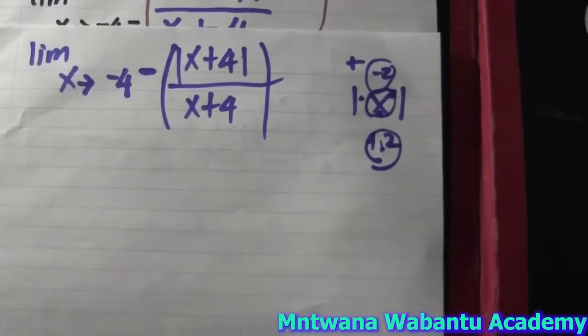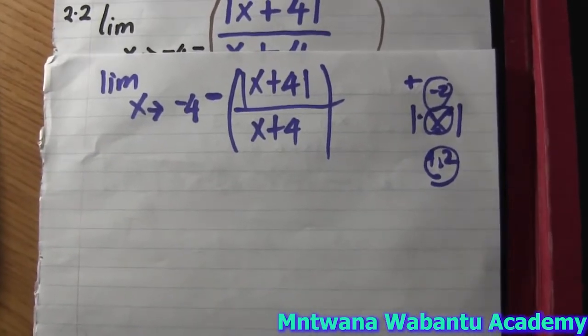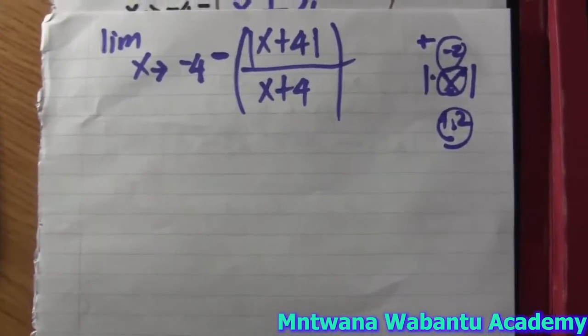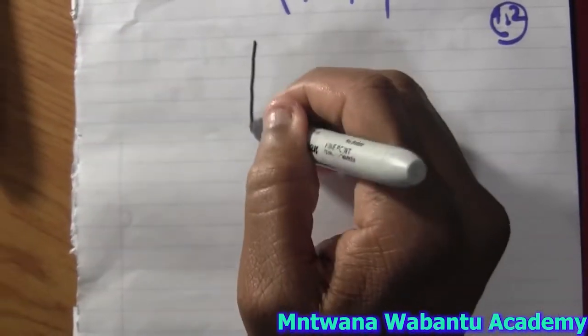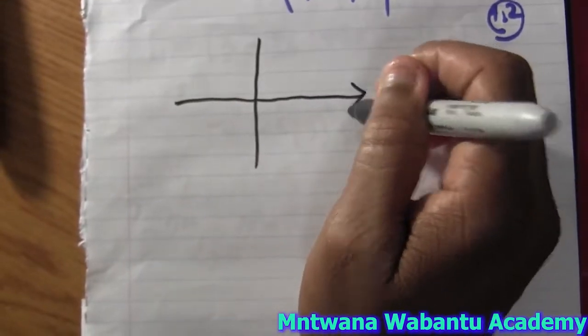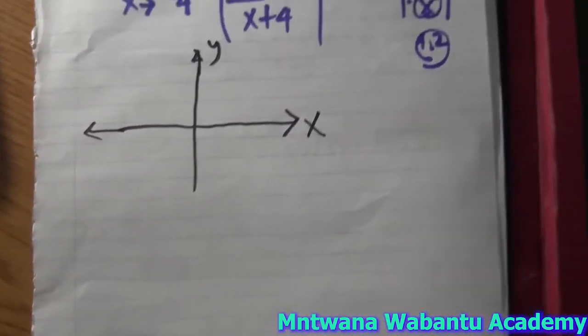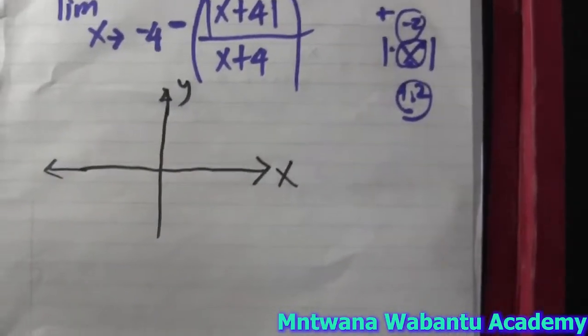Now in this case, I'm going to draw a little graph so I can explain what that means from the question. Let's say you have a Cartesian plane here. This is y and this is x. So what does that mean?